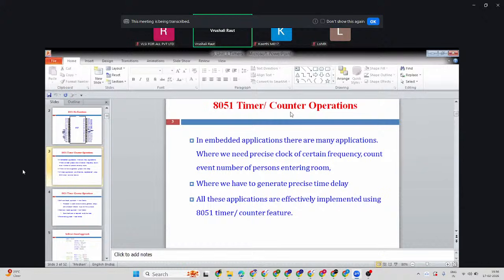Think of this project. I can put a sensor there, and if a person enters, that sensor gives one pulse. That pulse I pass to my microcontroller, and using the counter part of the microcontroller, it will go on counting those pulses. So the number of pulses coming to me will equal the number of persons who entered the room.